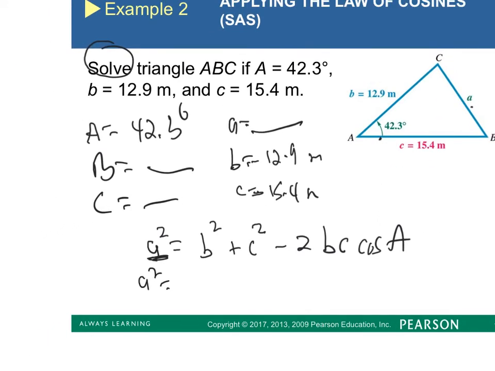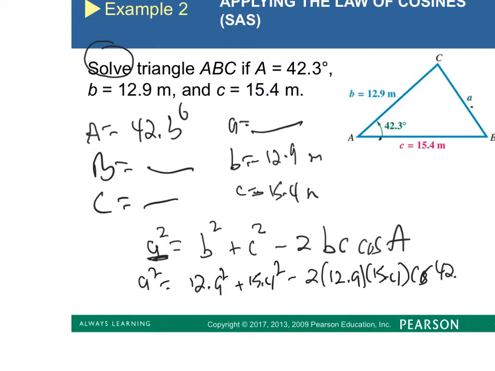A squared equals 12.9 squared plus 15.4 squared minus 2 times 12.9 times 15.4 cosine of 42.3 degrees.